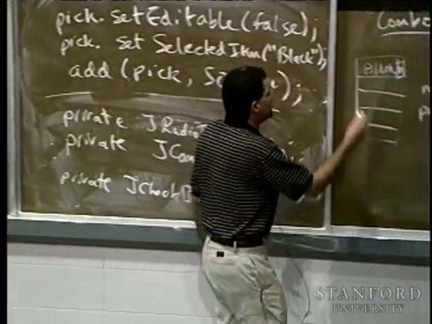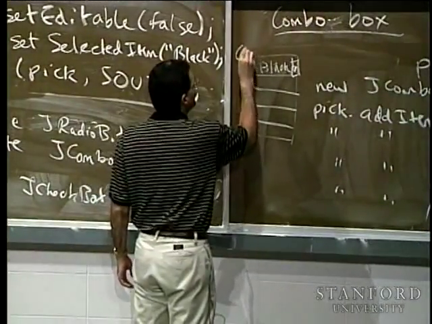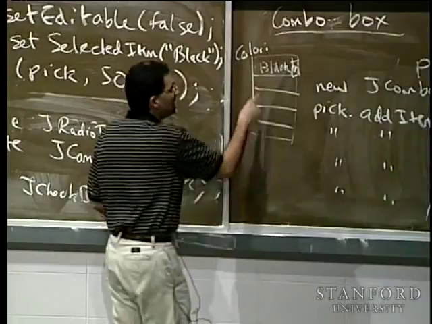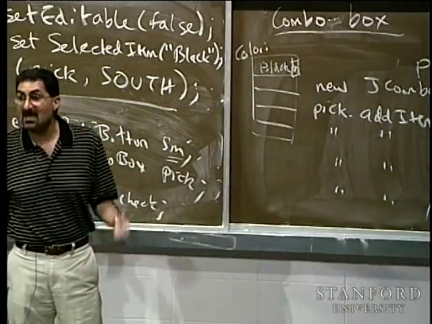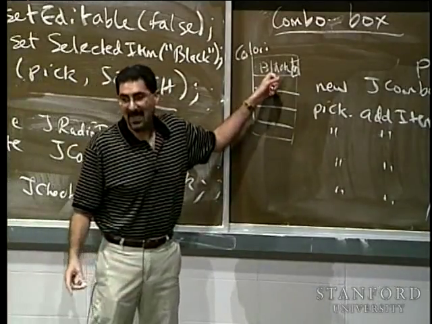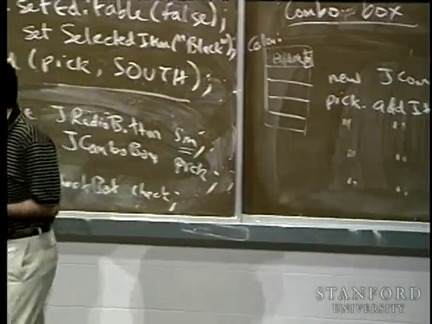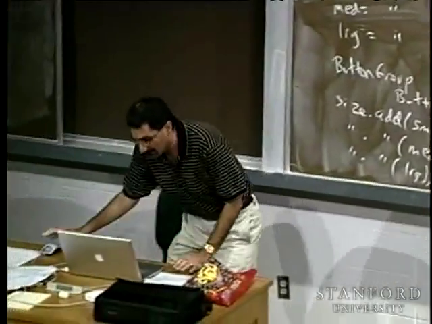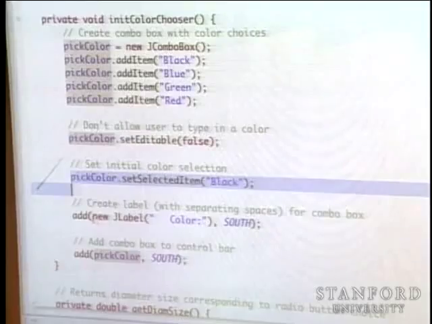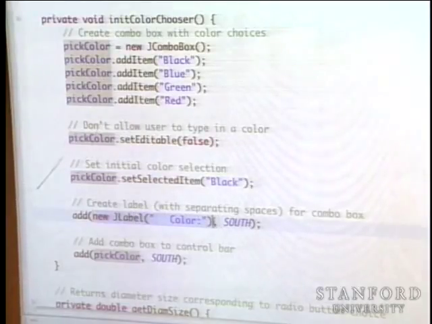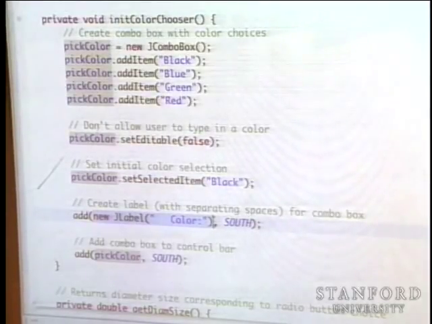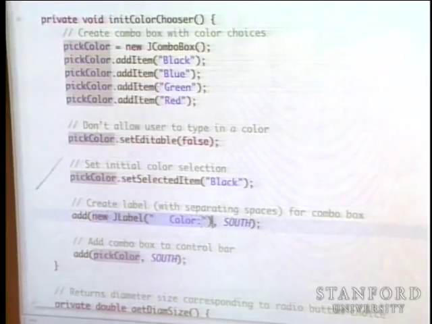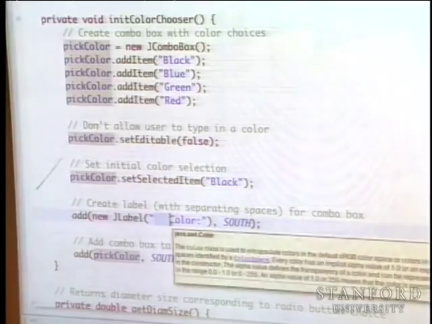What I would like to have is the word color appear before the combo box so the person knows that's what this black is referring to. It's referring to the color of the face. So the way I do that is I'm just going to create a JLabel. I don't worry about assigning it to anything because the JLabel doesn't do any interaction. It just puts a label in the control bar. So I can create a new JLabel. I add some spaces here to separate it a little bit more from whatever the last control was.